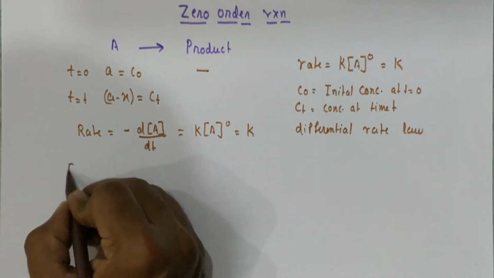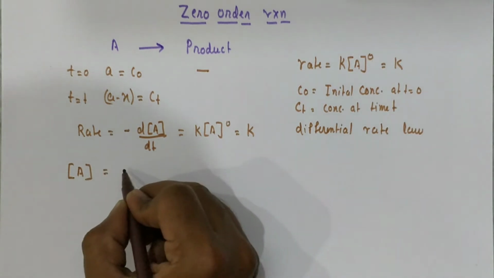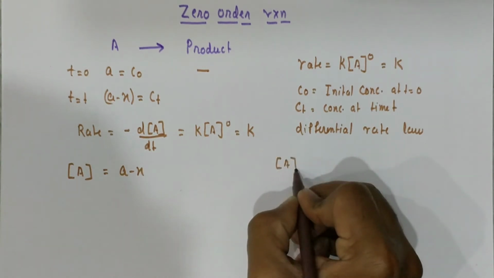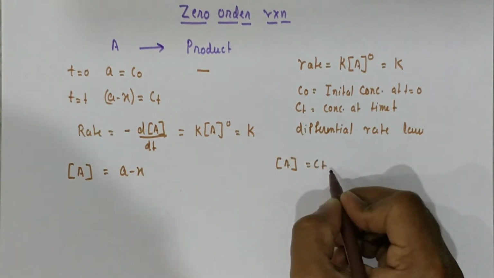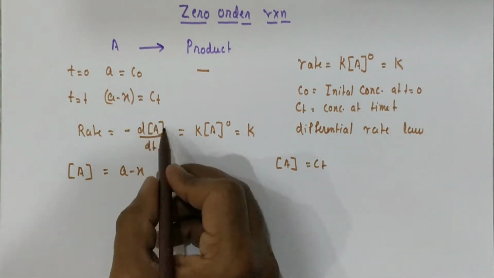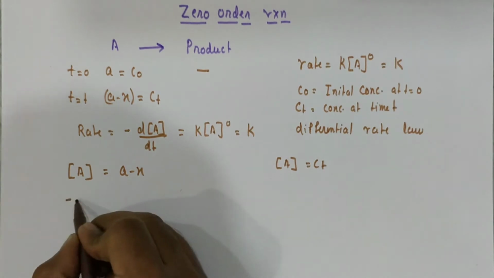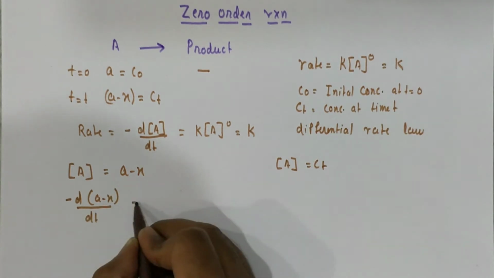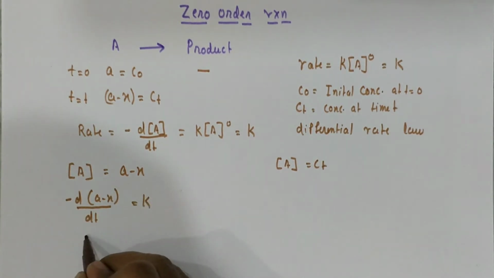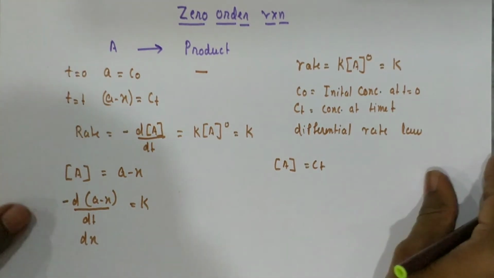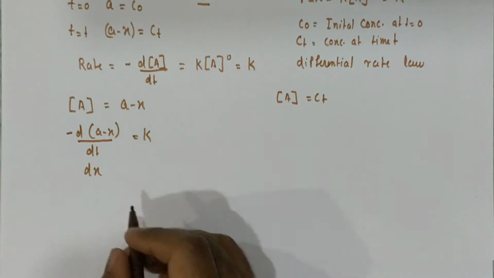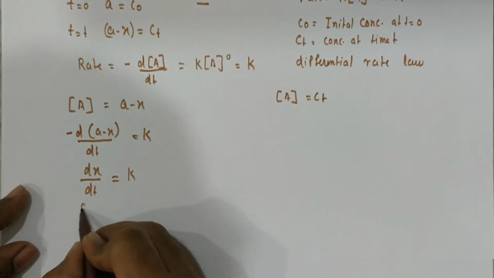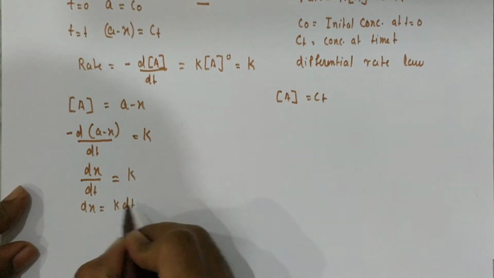Now, since the concentration of A is equal to A minus x, or it can also be written as Ct, substituting here, instead of concentration of A, A minus x, we get dx upon dt equal to K. So this can be written as dx equal to K dt.